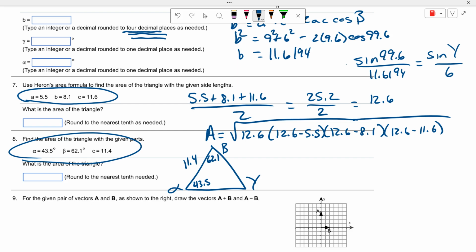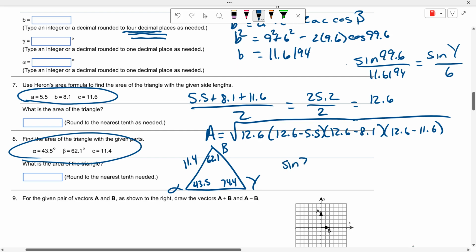So I can use the law of sines to figure this out, but I'm missing angle gamma. So this is 105.6. Yeah. So we're at 74.4.